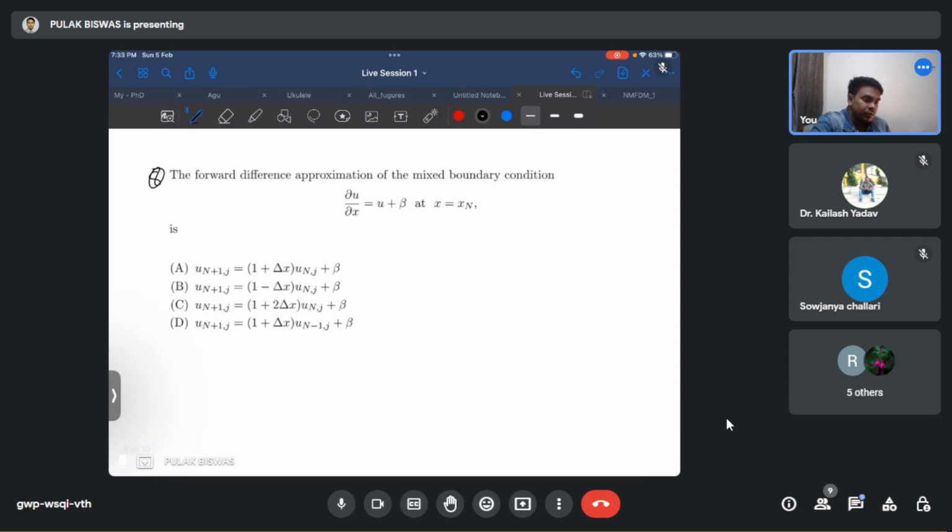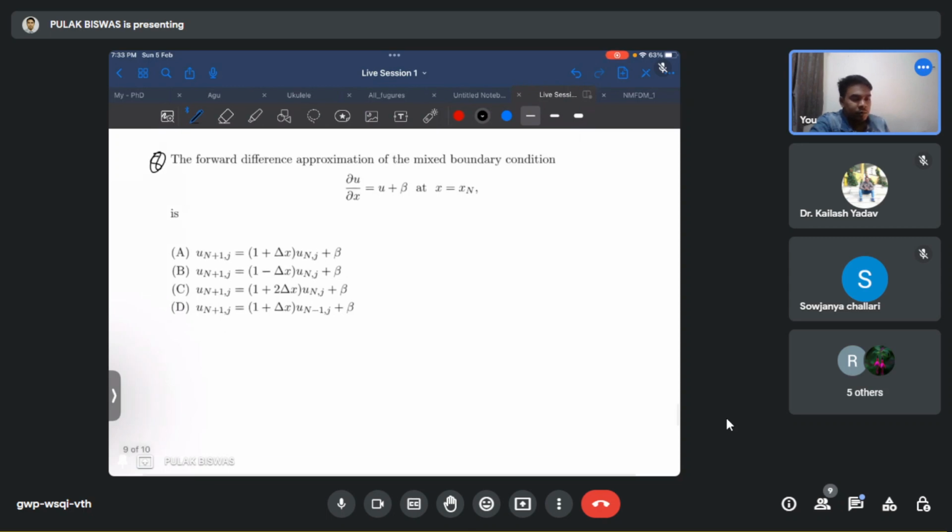Again, similar to the Taylor series problem, solve this one for x equal to xn. At x equal to xn, your domain is starting from 0 to n.